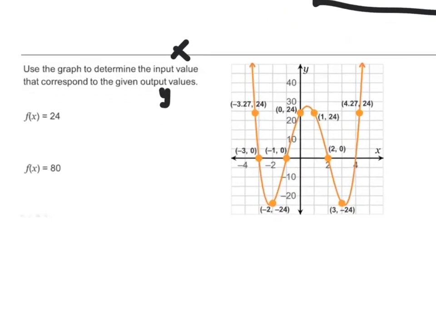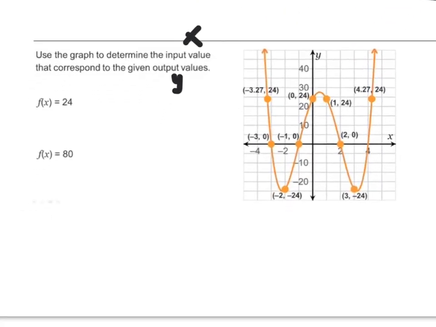So if I zoom in on this, this is basically asking, what's the x value when y is 24? So I'm going to say y equals 24. What's x equal to? I'm going to look at 24. I have a number of y values that are 24.